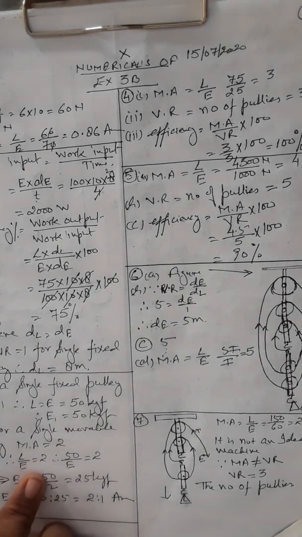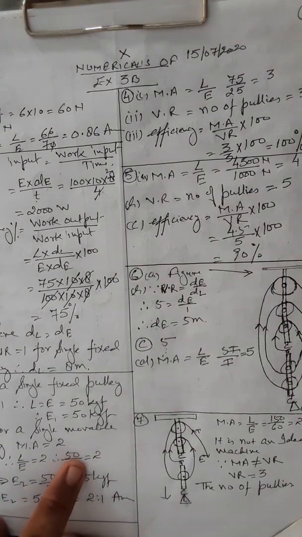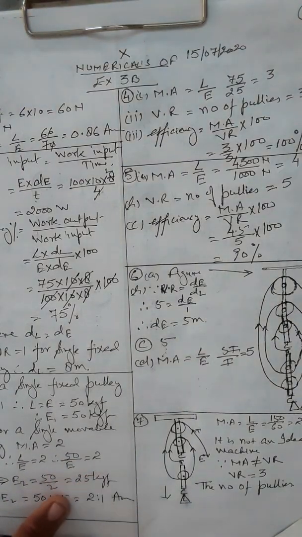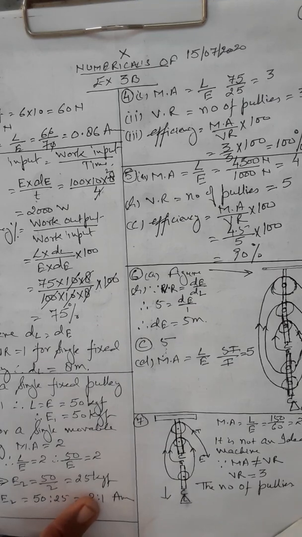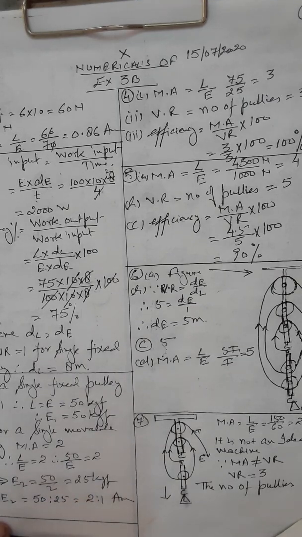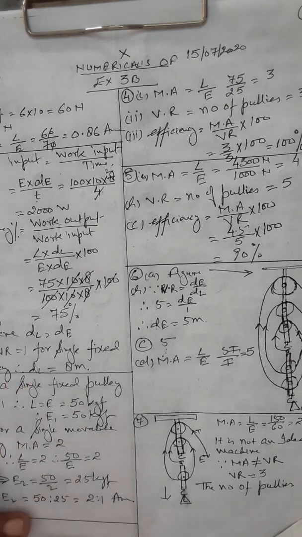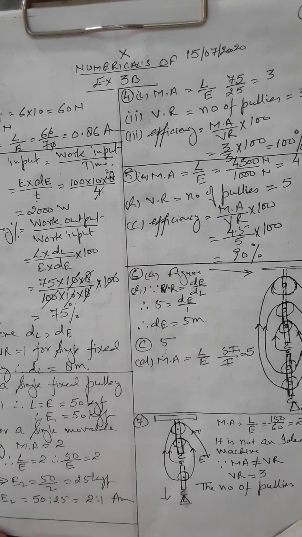Load upon effort is 2, 50 upon E is equal to 2. E is 25 kgf. When we calculate the ratio of E1 and E2, it will be 2:1.